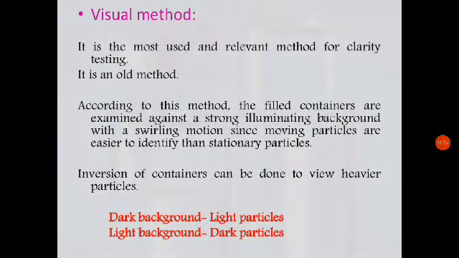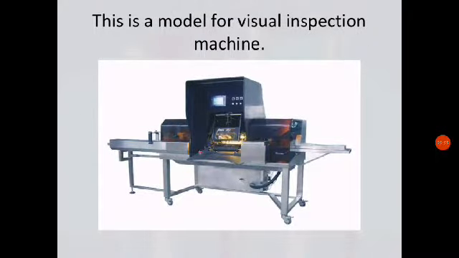In visual inspection, the filled containers are examined against a strong illuminated background in a swirling motion, looking for particles. Generally you have a white and black background based on the nature of the particle, and this is the visual inspection chamber.